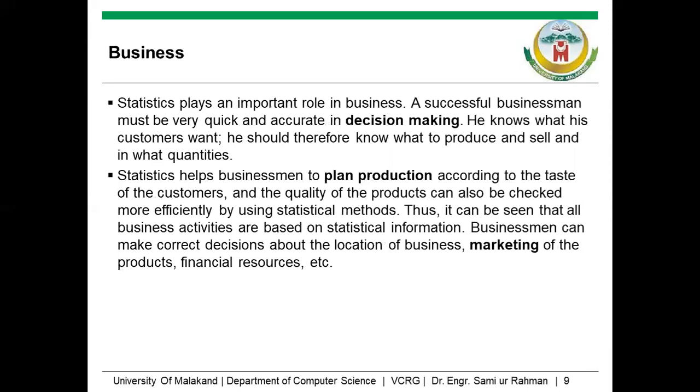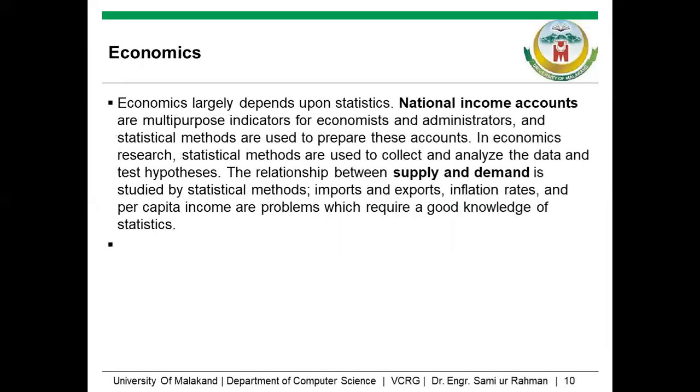Now in business, statistics is heavily involved and plays an important role in business and decision making. We have to use statistics for planning production and for marketing. So in business, if statistical tools are used, the profit can be maximized.